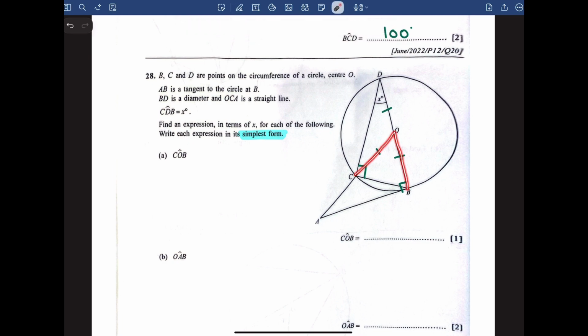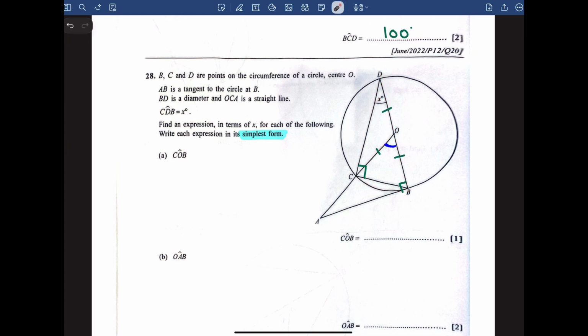COB. So this angle, let's mark it. I hope that all of you are now able to identify that arc BC is subtending an angle at the center and an angle at the circumference, right?